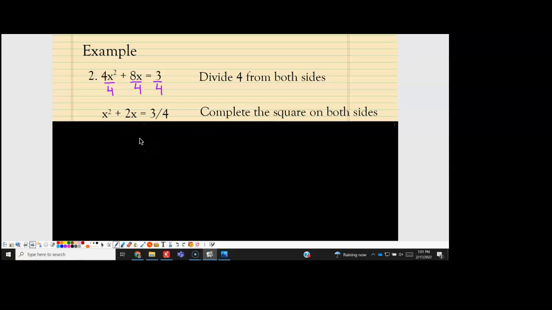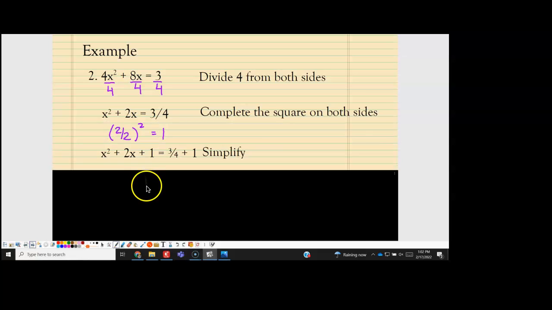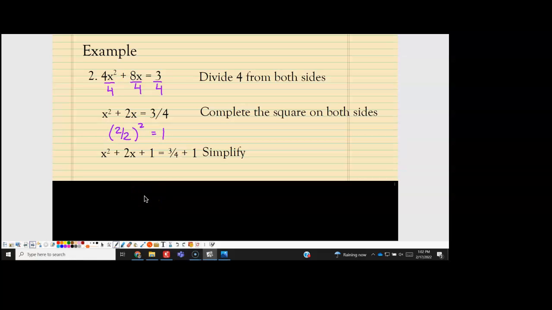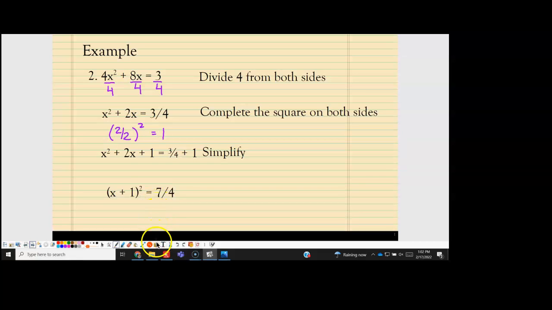Now complete the square and add that value to both sides. So 2 divided by 2 is 1. 1 squared is 1. So we're going to add 1 to the left and to the right. So you get x squared plus 2x plus 1 equals 3/4 plus 1. That factors as x plus 1 squared equal to 7/4.